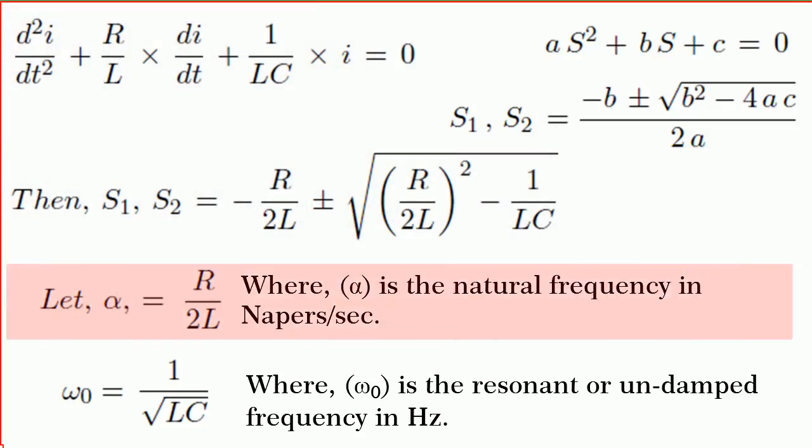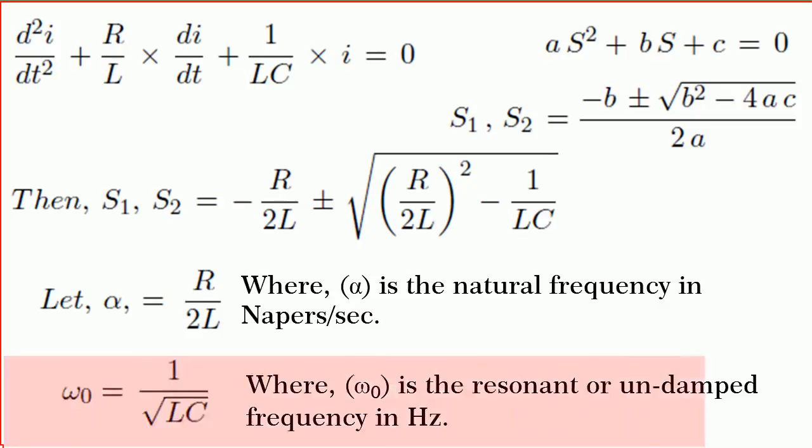Let alpha is equal to R by 2L, where alpha is called as the natural frequency in Nepers per second, and let omega naught is equal to 1 by root LC, where omega naught is called as resonant or undamped frequency in Hertz.